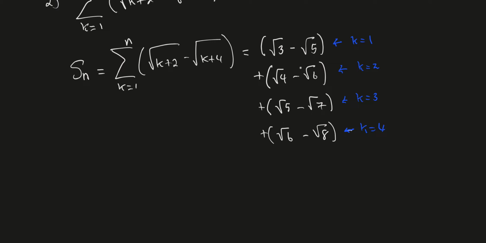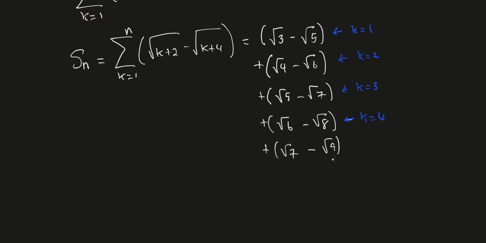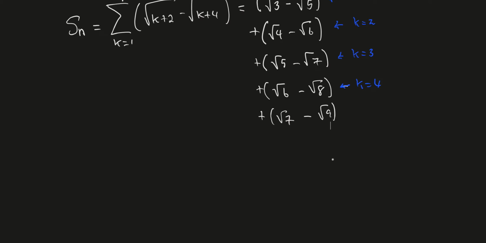The difference now is there is a gap between what will cancel out. So I'm going to write out a few more terms here because I want you to be very clear as to what will cancel. When I do my dot, dot, dot, I'm going to start with the very last term, when k is equal to n, and work backwards, and then write down what value of k I plugged in.